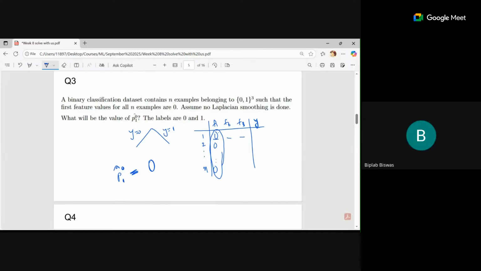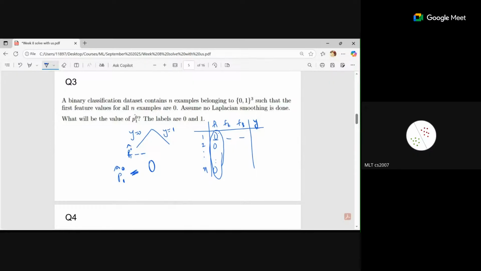Ma'am, is it asking what will be the predictor for feature 1? Is that what the question is asking? It is asking something like, we have 1, 2, 3, and let's say this is P1 not hat.